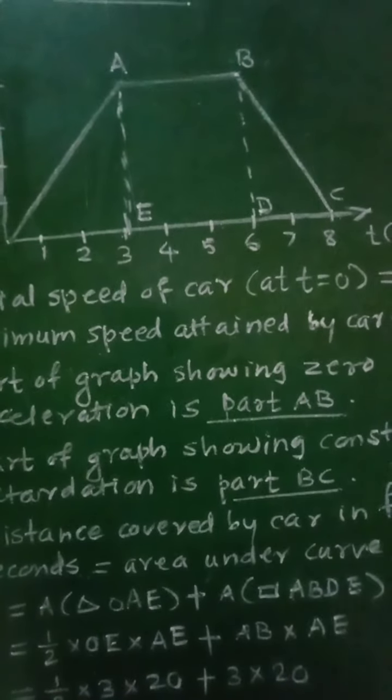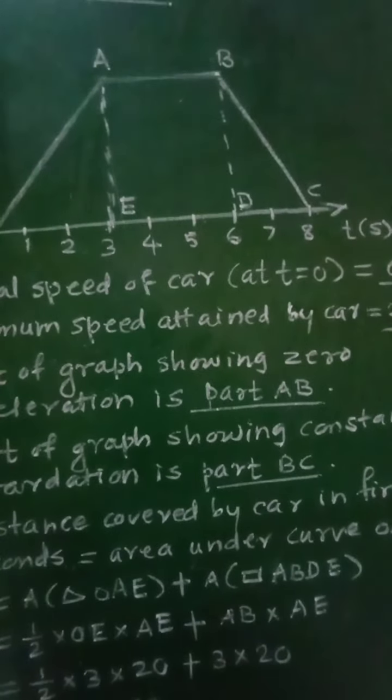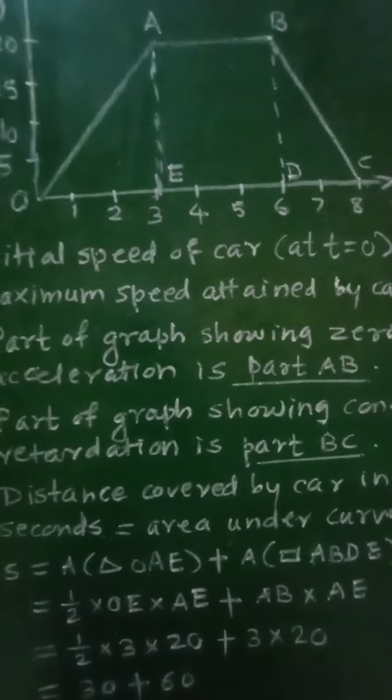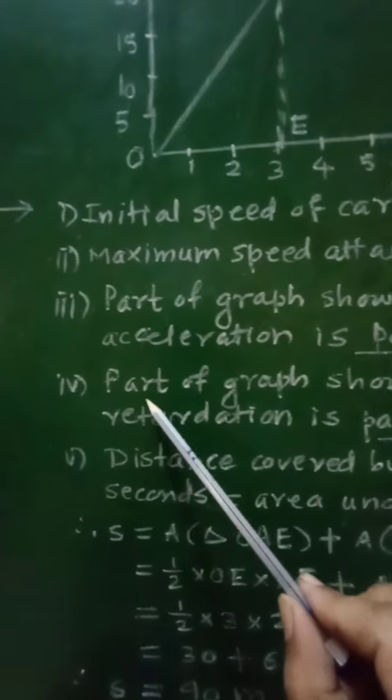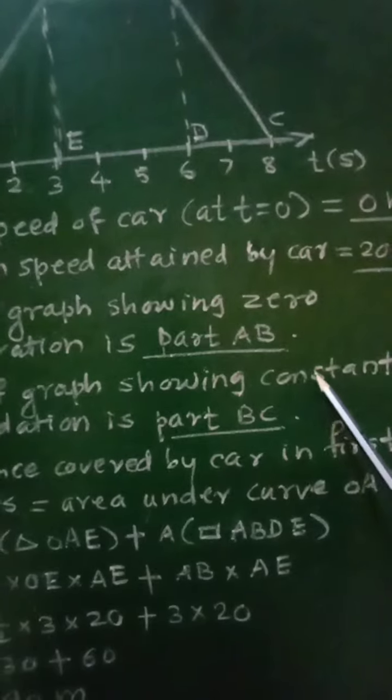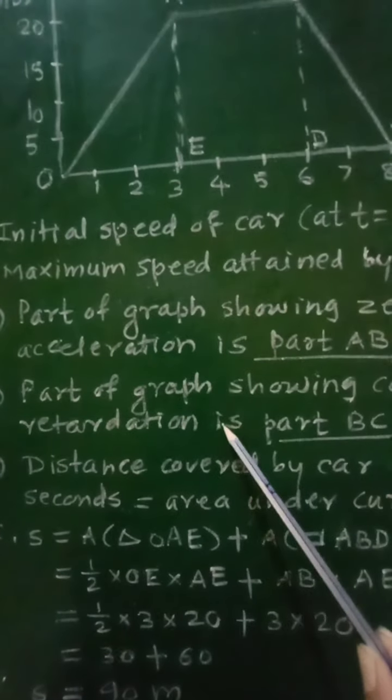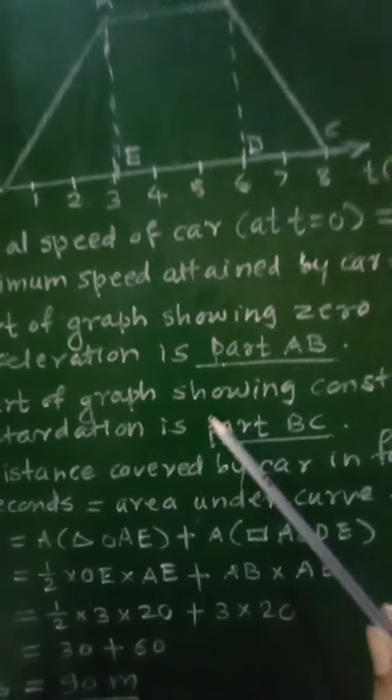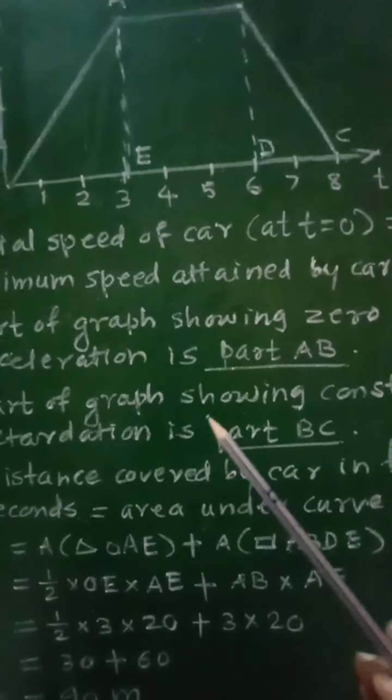So for this part AB, velocity remains constant, that means acceleration will be 0. Then fourth is the part of the graph showing constant retardation. Constant retardation means constant negative acceleration.